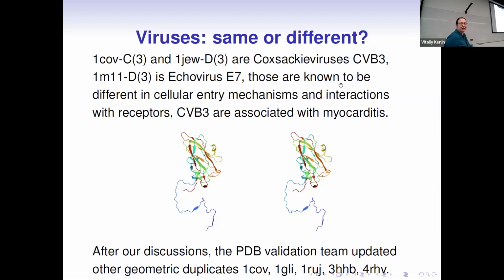Because we released part of our results to the PDB team, and one of the mentioned files, this one here, was quietly updated, and now it's slightly different. The 2 from different viruses are still the same, which means that something's going on there.